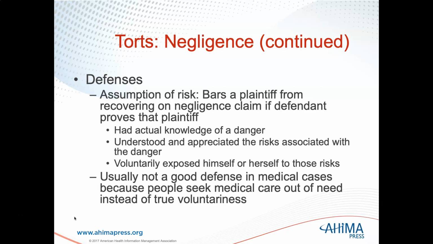Assumption of risk. This is one that is often at the base of consent to treat forms and procedure consent forms. If you're going to have a major surgery, you have to sign an authorization or a consent form for this procedure. And part of that is it mandates that the surgeon go over with you the risks, benefits, and alternatives to the surgery.